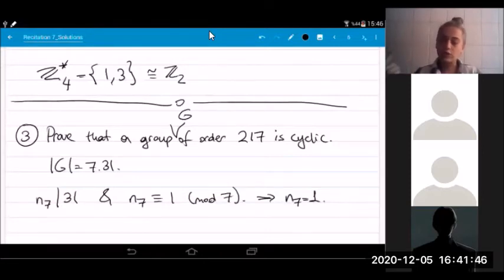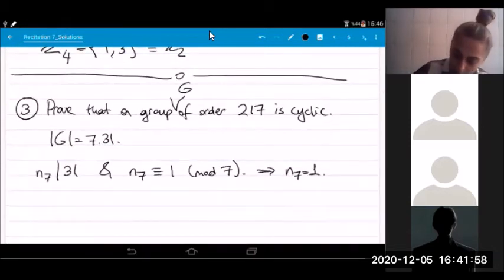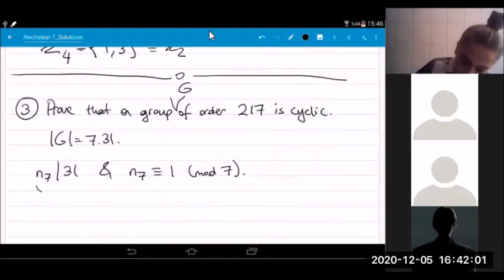And if you divide 31 by 7, we have 3 as the remainder. So this means that n7 cannot be 31. It has to be 1. Okay? Let me first write the candidates here.